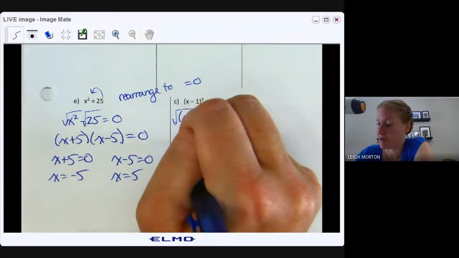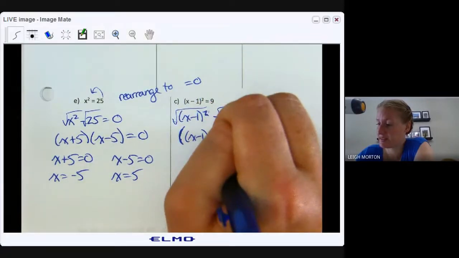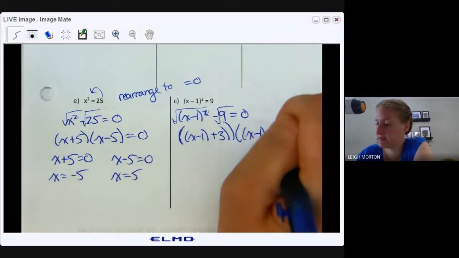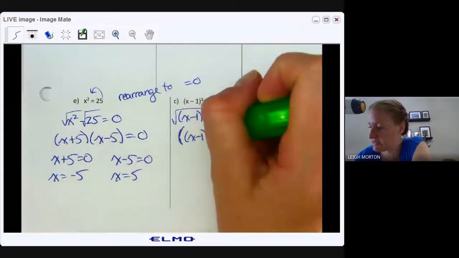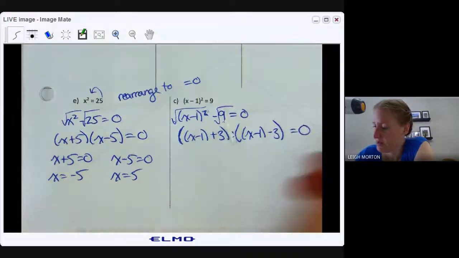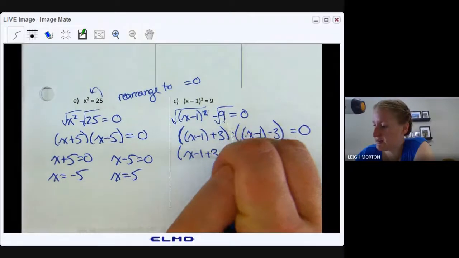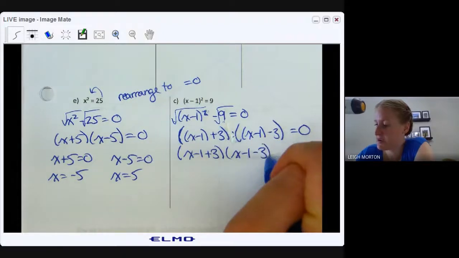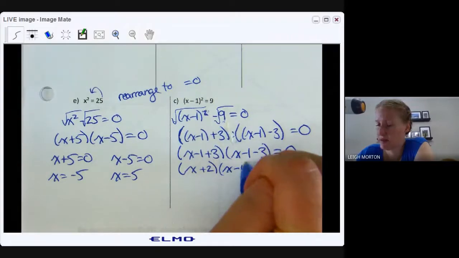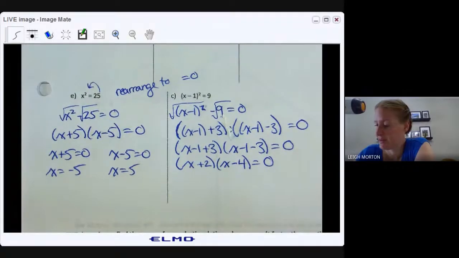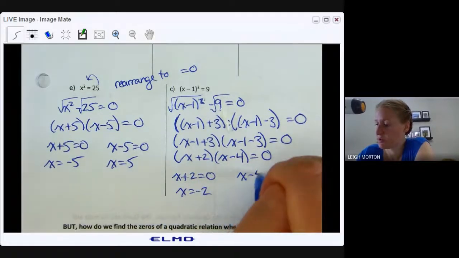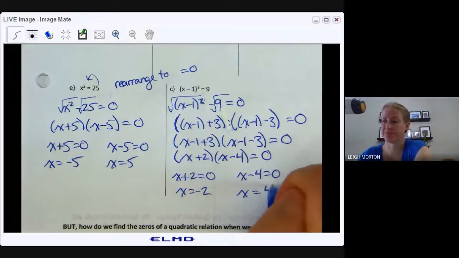So that gives me, in a big bracket, x minus 1 plus 3 times x minus 1 minus 3 equals 0. So there are my factors. And I have x plus 2 equals 0, so x equals -2. X minus 4 equals 0, so x equals +4.